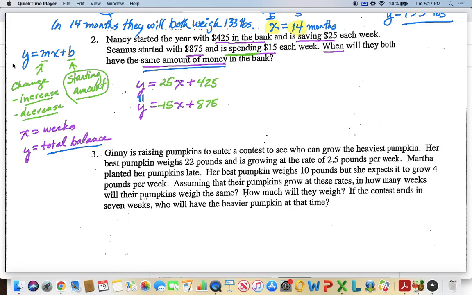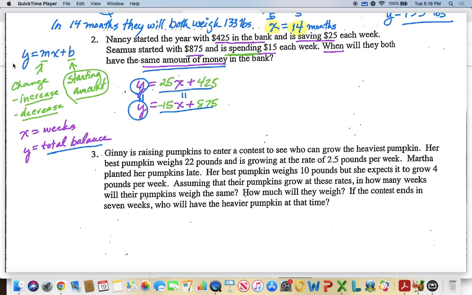And if we're saying that this y is equal to this y, then we can also say something about the other side of the equation. So if this y is equal to this, and this y is equal to this, then these must be equal to each other.